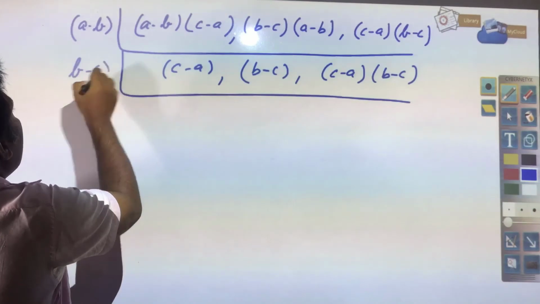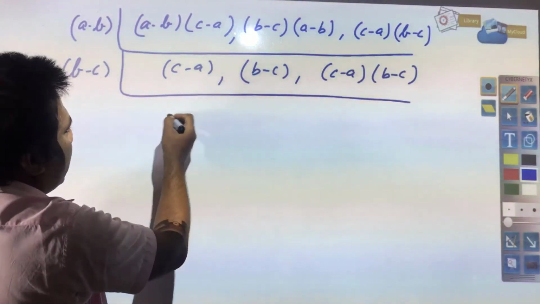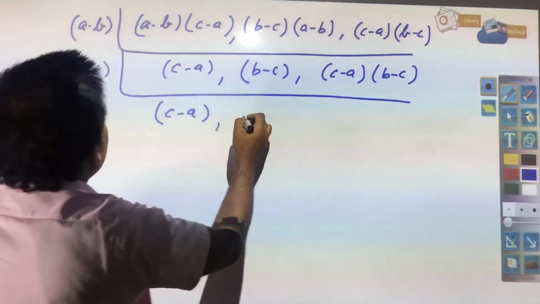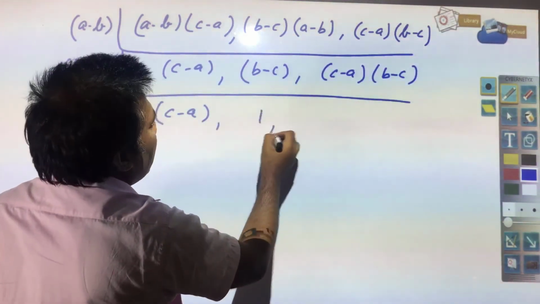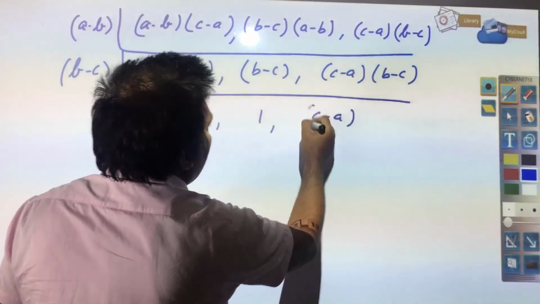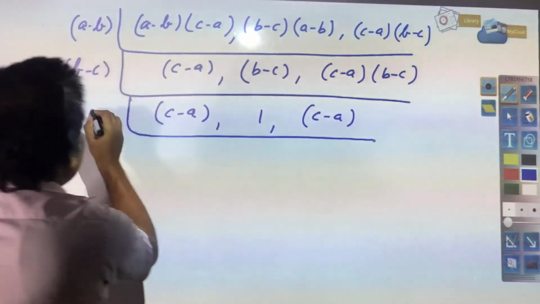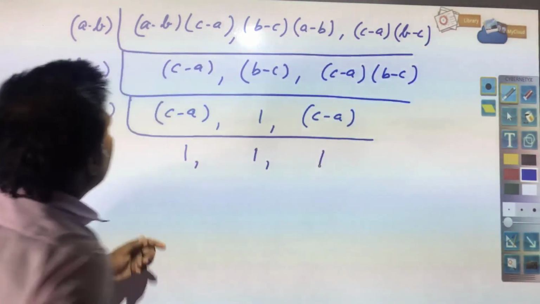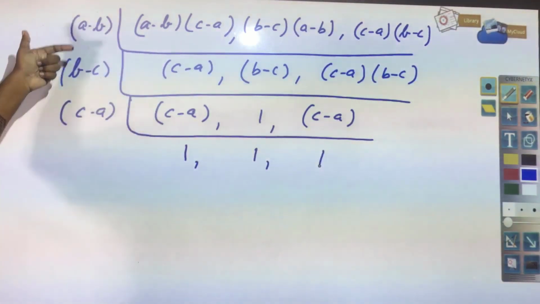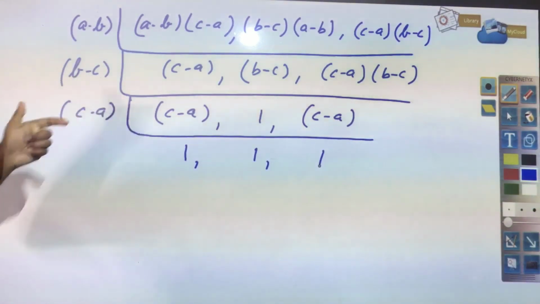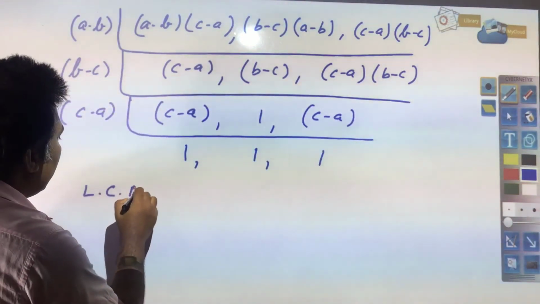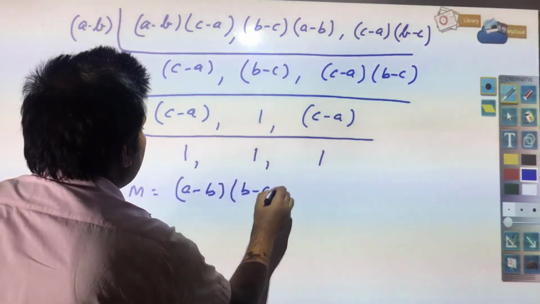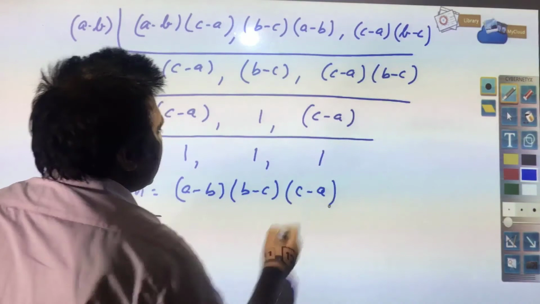By b minus c if you are dividing, this will not be divided, so you will take down this number and this will be 1, here you will have c minus a, and then by c minus a if you are dividing, you get 1, 1 and 1. So, finally, a minus b into b minus c into c minus a, this is your LCM.